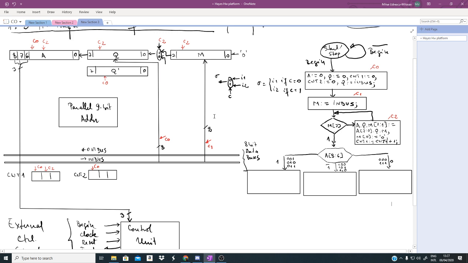So first I'm going to write here the shift.